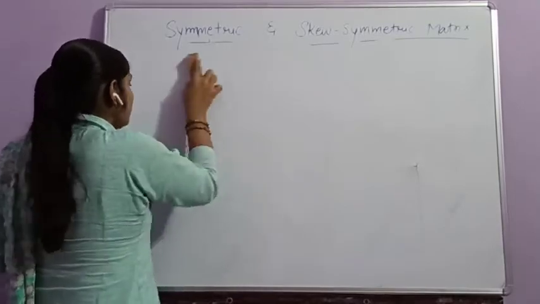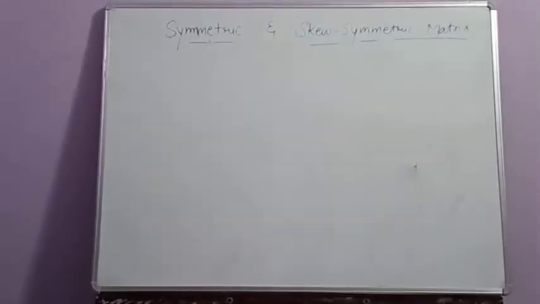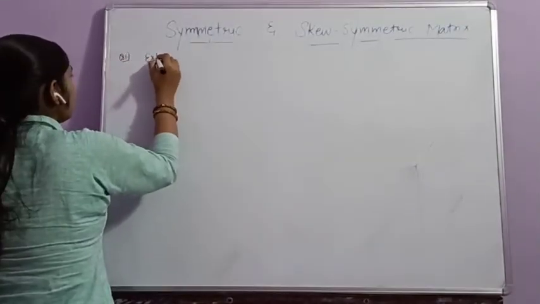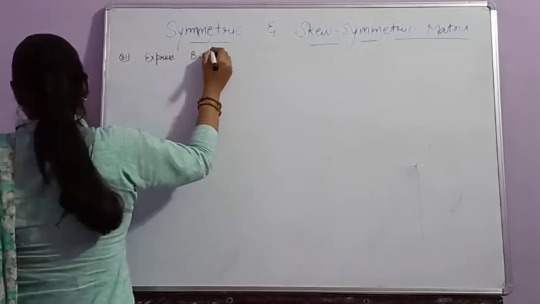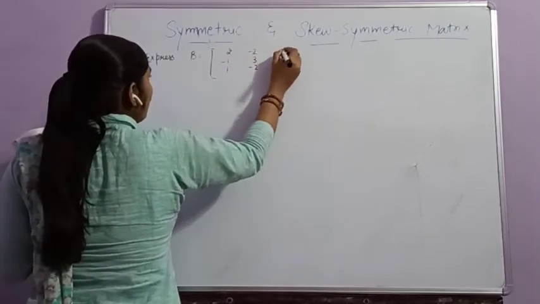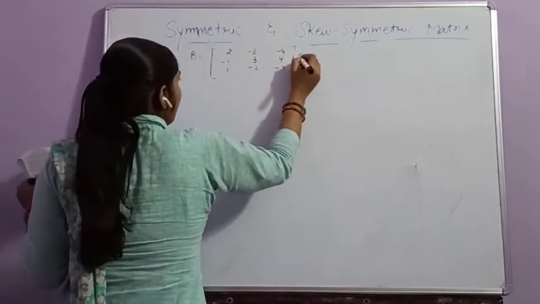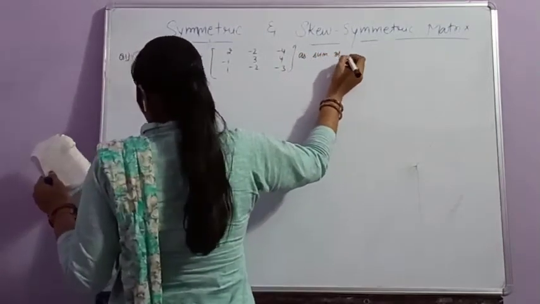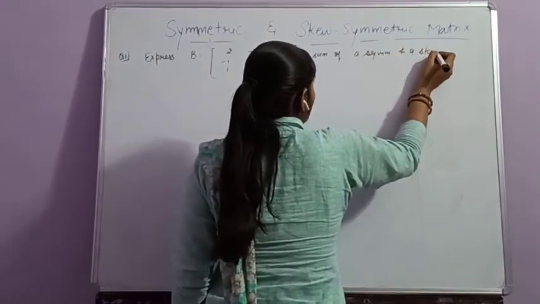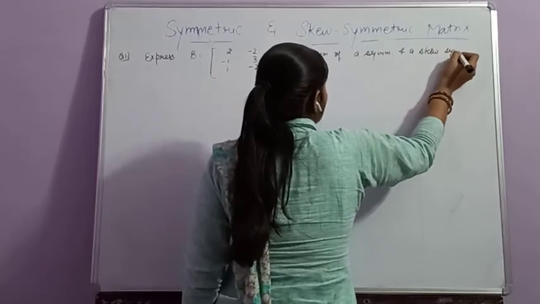For example, first question is: express B matrix [2, -1, 1], [-2, 3, -2], [-4, 4, -3] as the sum of a symmetric and a skew symmetric matrix.